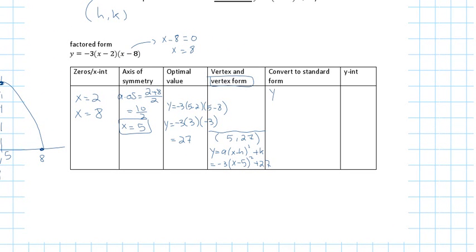I have to expand. So that means I have to FOIL, and that's going to be x squared minus 8x minus 2x plus 16.